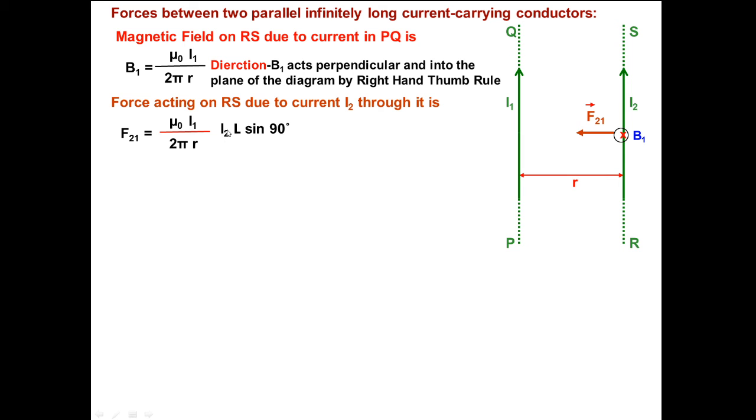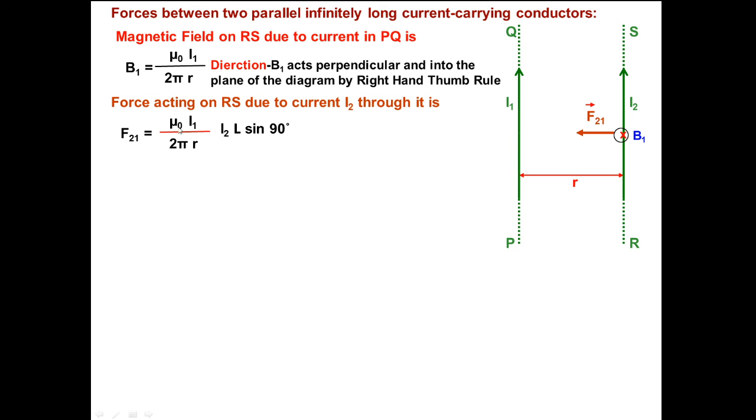So we can say I2 into the length of this conductor into B1, and the angle between this wire and magnetic field is 90 degrees.